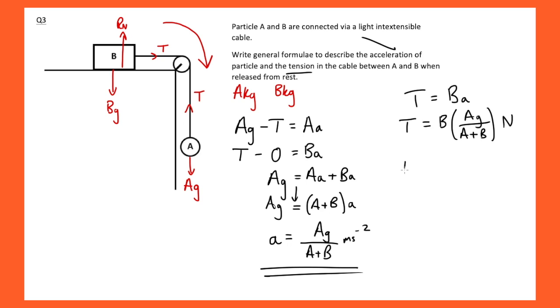I can leave it like that, that's absolutely fine, or if you'd like, you could write AB times G at the top. I've done it that way so we don't write bag. Should never write bag. So there you go, ABG at the top, divided by A plus B. That's our general formula for the tension.